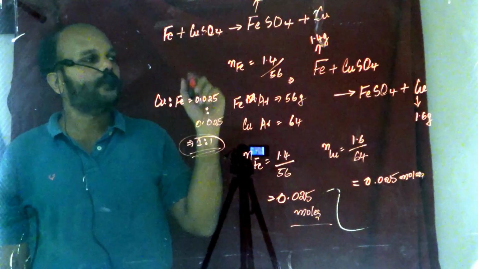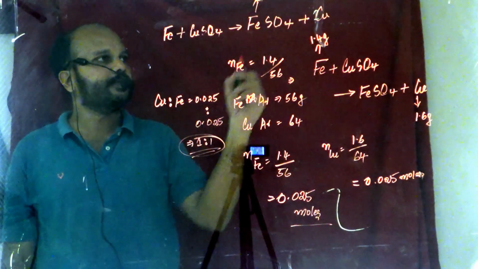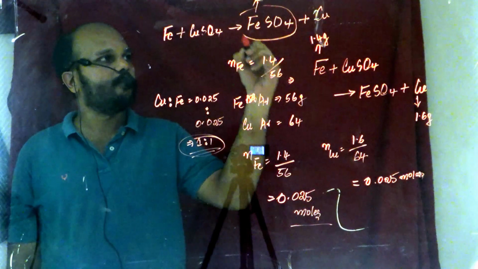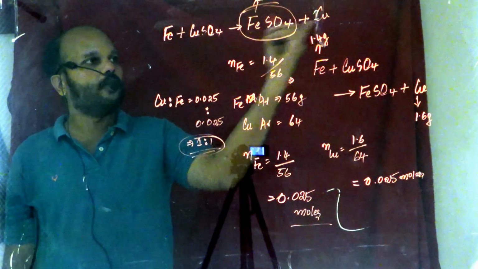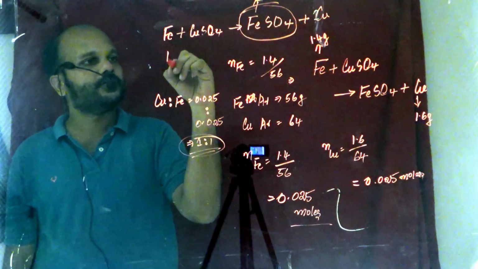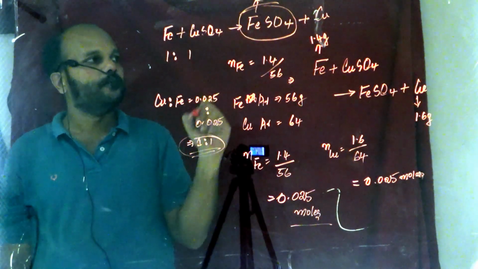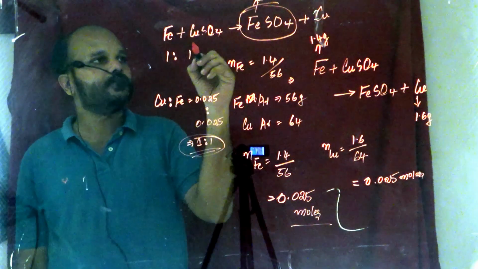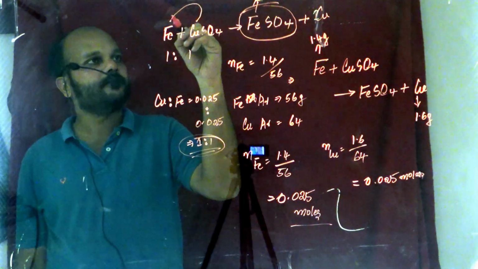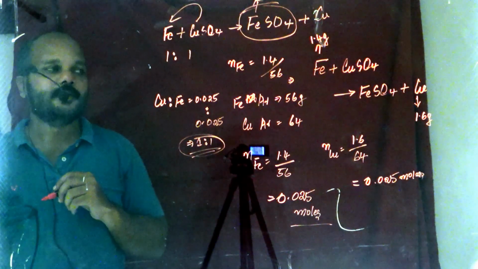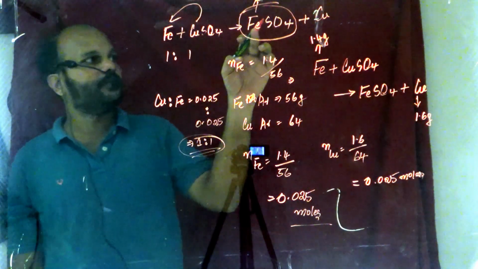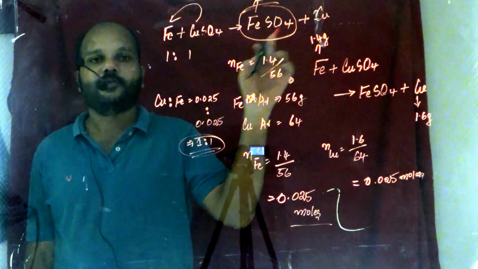Okay, so how can we know that this reaction is going to form only FeSO4? See, the ratio of copper to iron is actually 1:1. So that means one copper is reacting with one iron. Okay, so this is supposed to be FeSO4, not Fe2SO4.